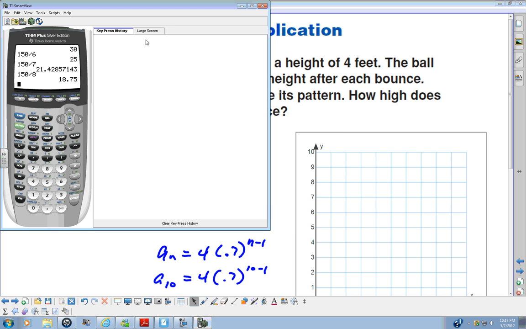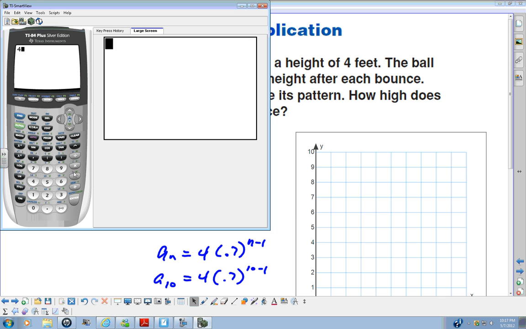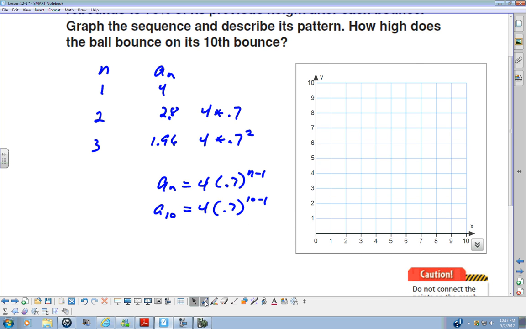If you find the 10th term, we will do 4 times 0.7 raised to the power of 9, 10 minus 1. That will give us 0.16 feet. So we get a sub 10 is equal to 0.16 feet. So on the 10th bounce, it would bounce to that height.